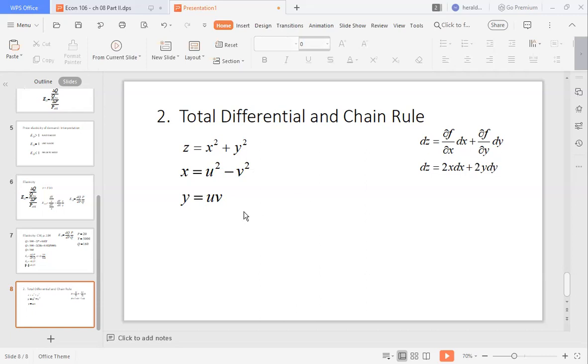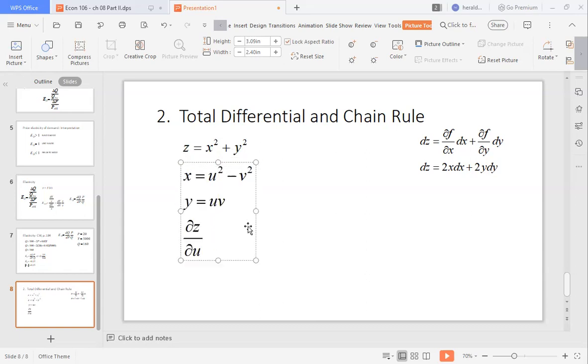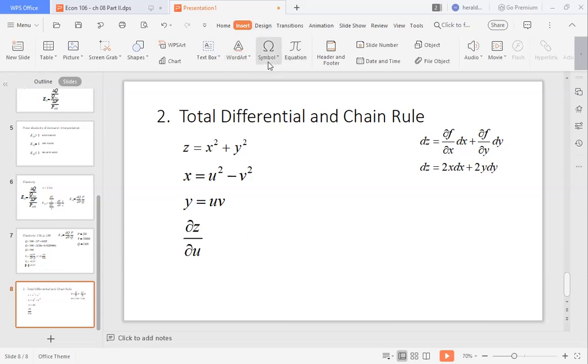But if you are confronted with this one, class, where x is equal to u squared minus v squared and y is equal to uv, the question here is how do we find partial z, partial u?